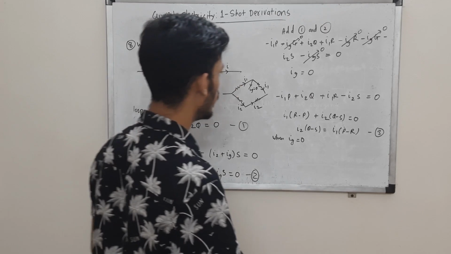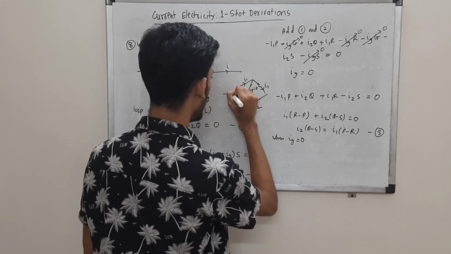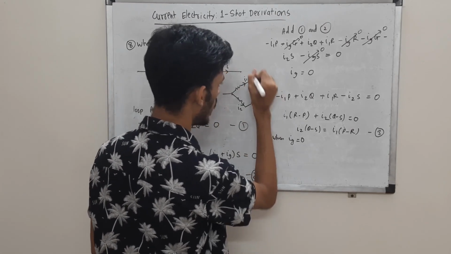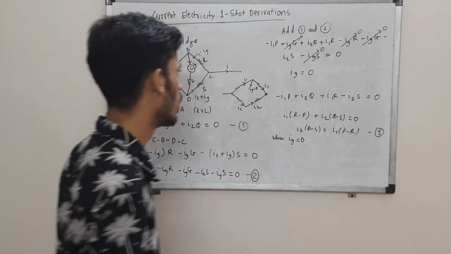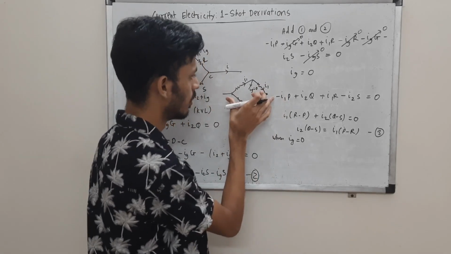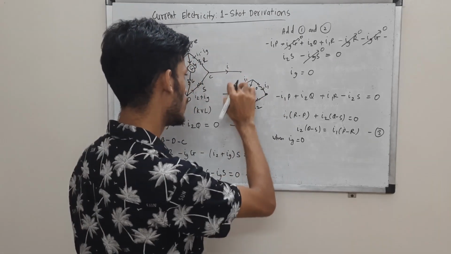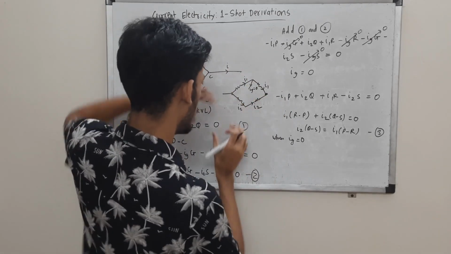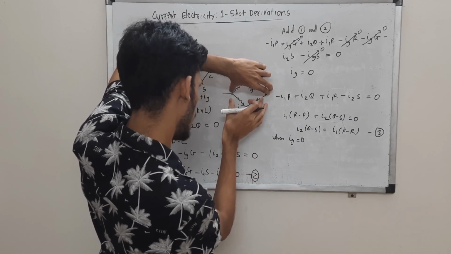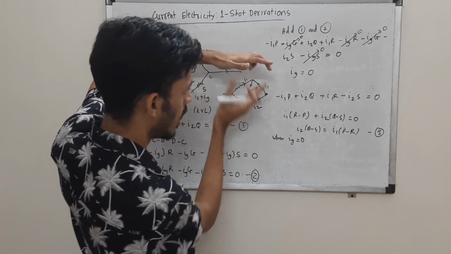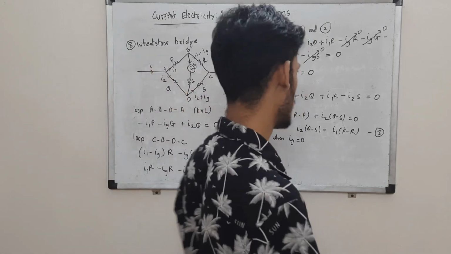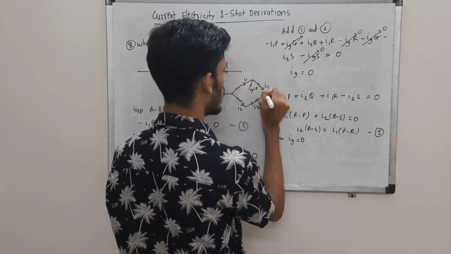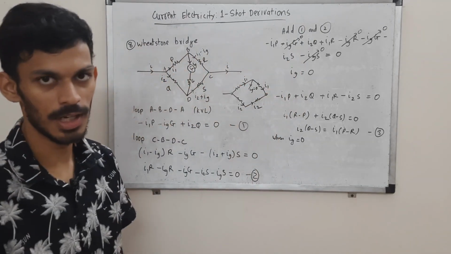So we can say the current in the top branch is the same, I1, and the current in the bottom branch is the same, I2. Or we can say they are in parallel combination, right? The upper branch and the lower branch are in parallel combination. So the voltage across them is the same. Or if you see these two points, the voltage across those two points is the same.